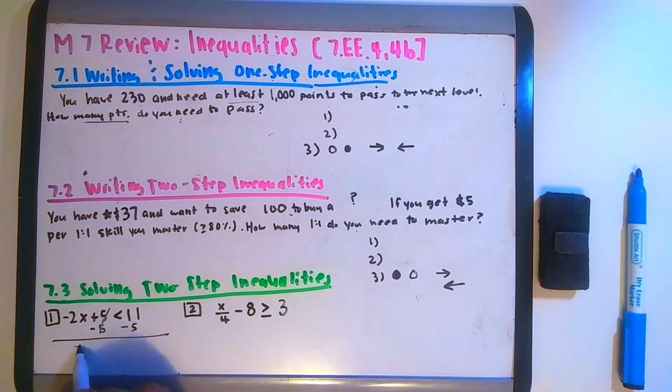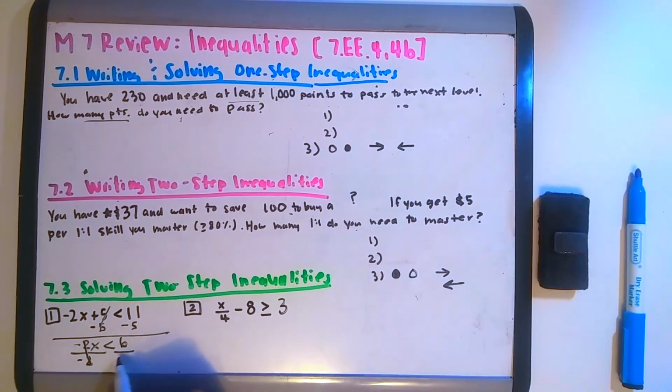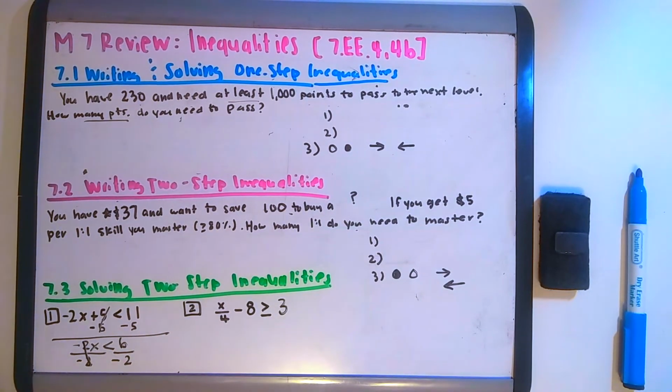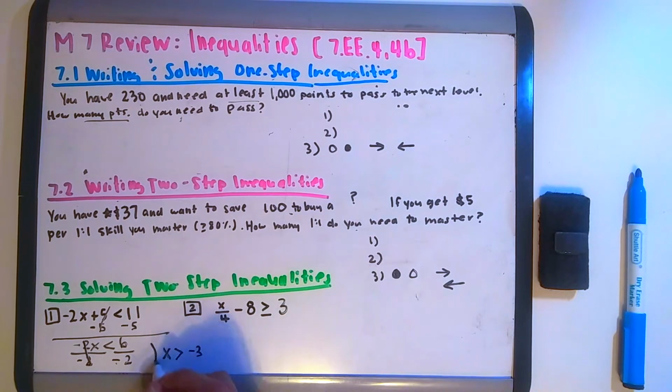So I bring down what I have, so that's negative 2x is less than, that will be 6. And then right here I'm going to divide by negative 2 because it's multiplication. What I do to one side, I do to the other side, I have x, and then remember that when you divide or multiply by a negative, you're going to have to flip the inequality symbol. So it's going to be x is greater than negative 3. Okay, so that will be my answer.